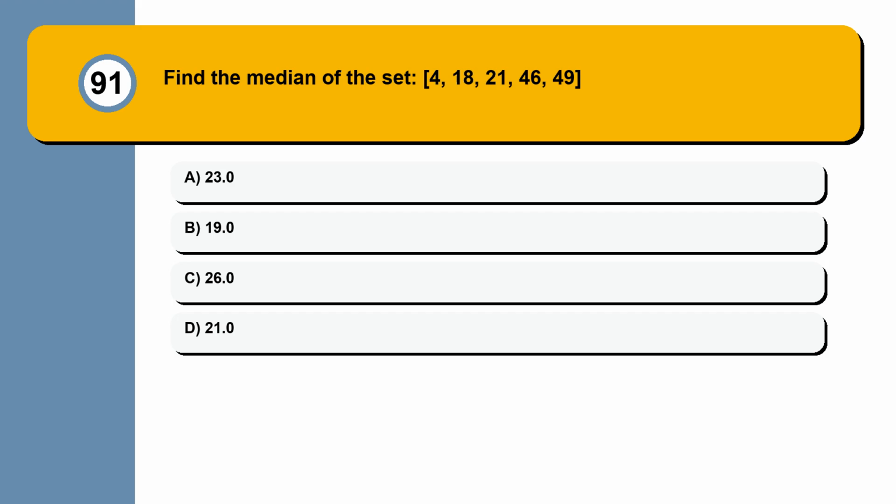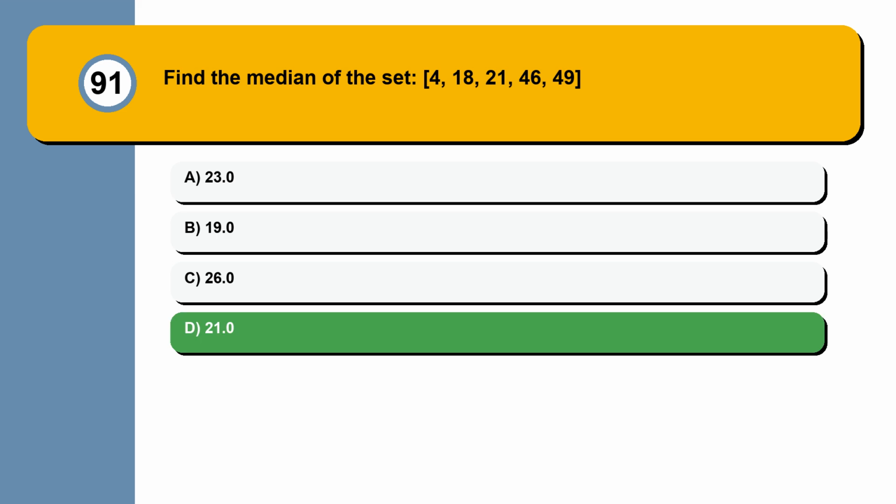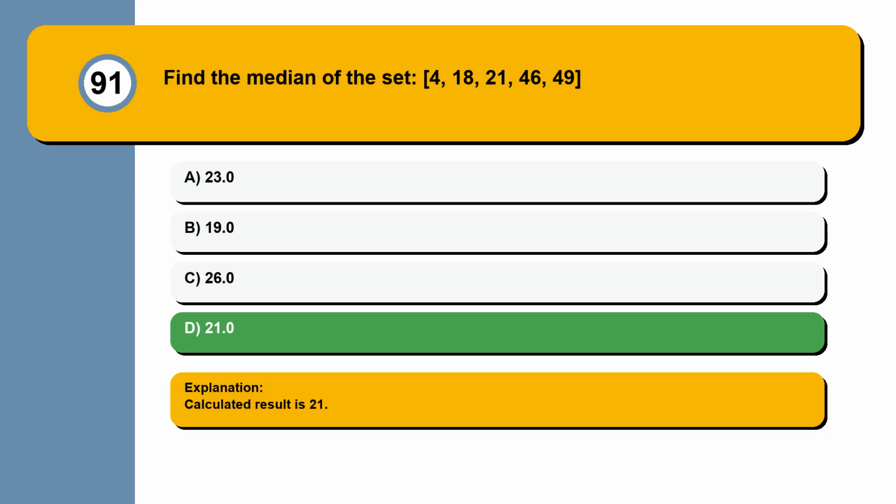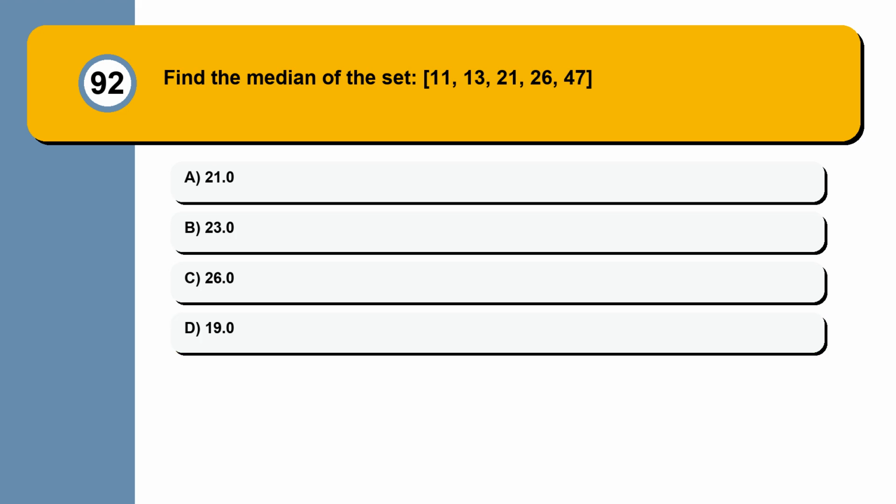Question 91. Find the median of the set 4, 18, 21, 46, 49, 23.0, 19.0, 26.0, 21.0. Calculated result is 21. Question 92. Find the median of the set 11, 13, 21, 26, 47, 21.0, 23.0, 26.0, 19.0.